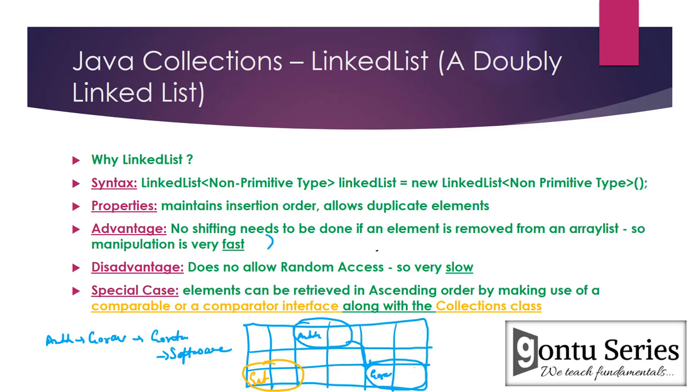So this is basically going to point to this Gontu, and for Software it's going to create one more node, say this one. So this Gontu is going to point to this Software, and this is going to point to null, right? So one node points to another, another node points to another, another node points to another. So this is how it works.